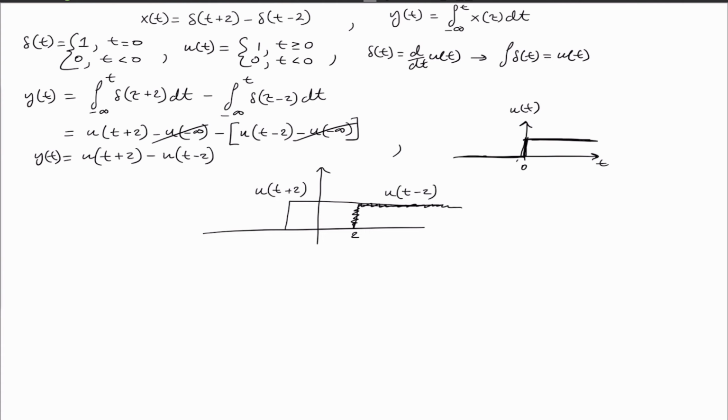In this case, if t becomes -2, then the unit step function goes back to its original place, located at 0. So we then see that the signal y of t is the advanced unit step function minus the delayed unit step function.